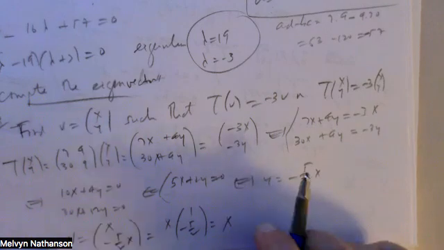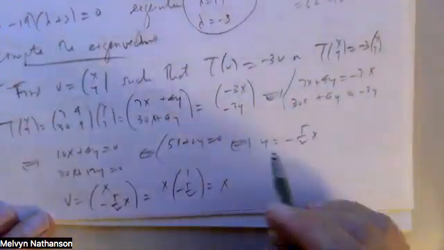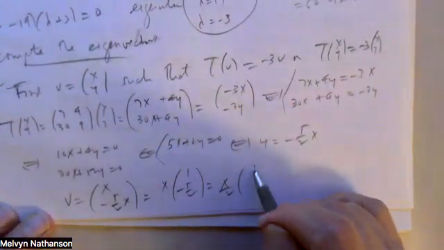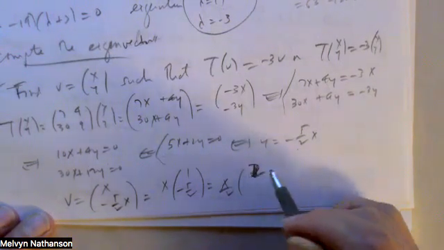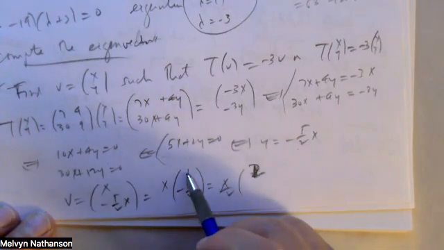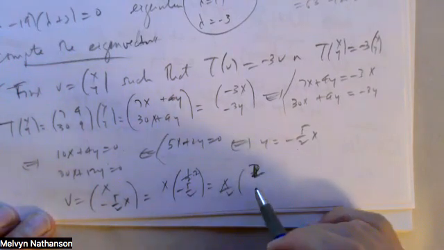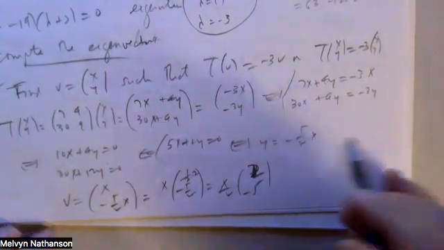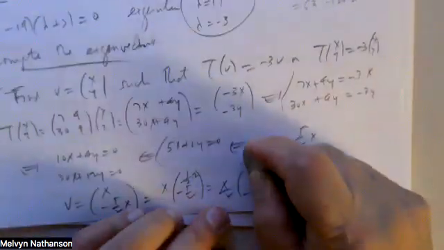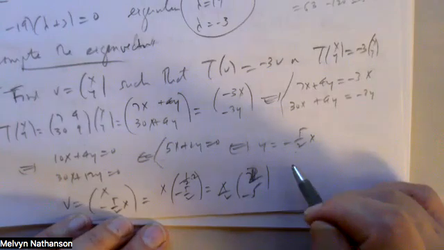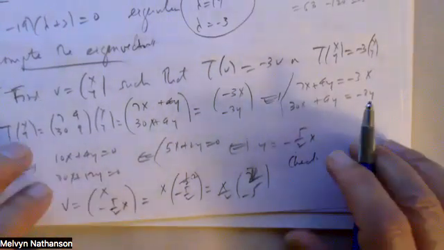Or if I factor out, since I always try to avoid fractions, x over 2, a half, times 2, minus 5. So for any x, in particular, let's just check. So 2, minus 5, check.